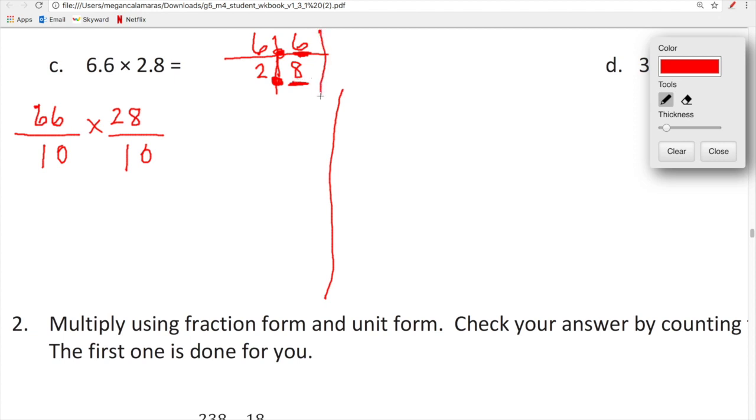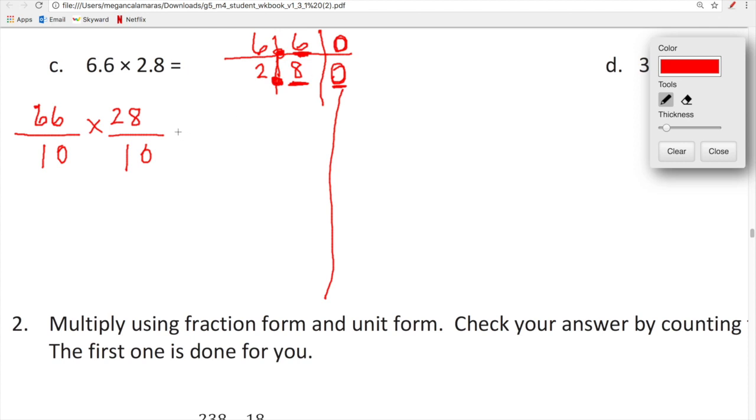Keep in mind though, you guys, if we were going to continue this place value chart, and if I was just feeling silly and I wanted to put a 0 there, we can then rename this entire number as 660 hundredths. If I wanted to put a 0 here, we can rename this entire number as 280 hundredths, because that's the digit in the place value that's furthest to the right. So this can go on and on and on. But we don't have time for that.